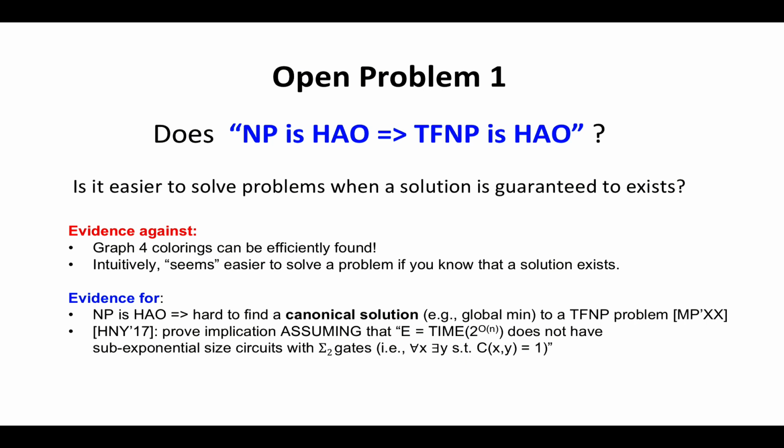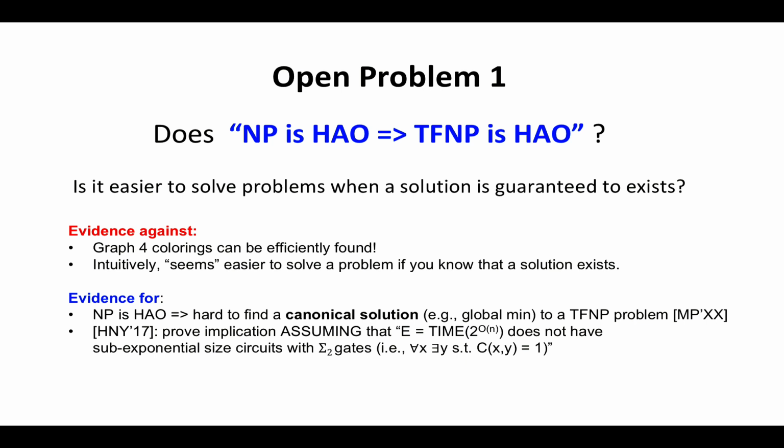So if you look at this local search issue, if your goal is to find a particular solution, in that case it becomes hard. But that's not really what we're after, right? We would like to just consider the problem of finding some solution.